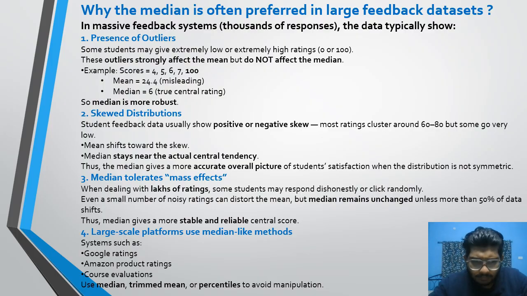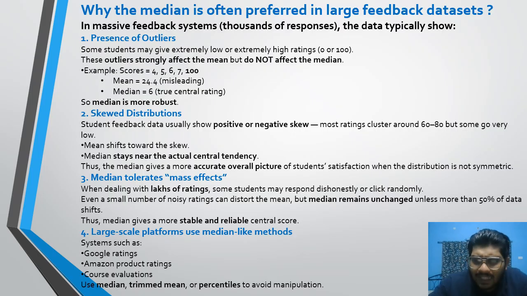So even a small number of noisy ratings can distort the mean, right? If someone goes so low and rates 0, or someone goes so high and rates 5, but actually the reality is 3.54 or around that.